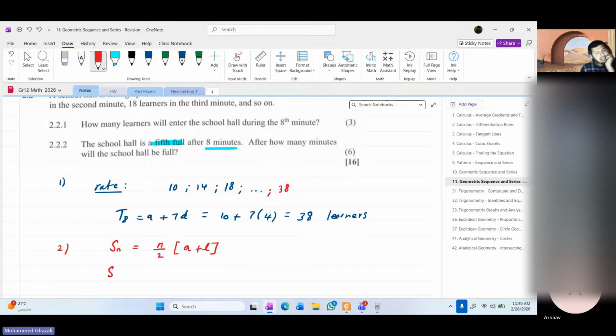Now Sn, S8, is equal to 8 over 2. a is the first term, 10. The last term is 38.